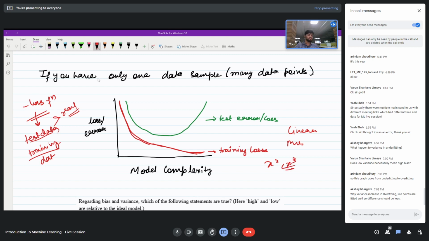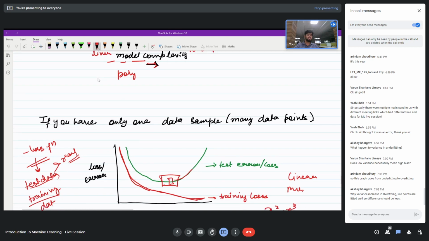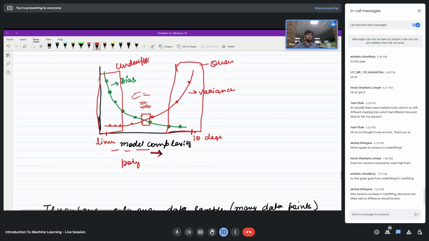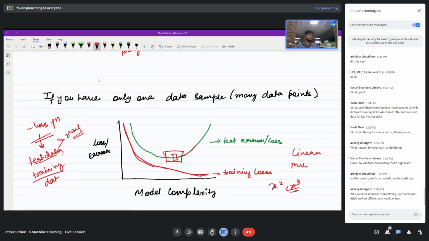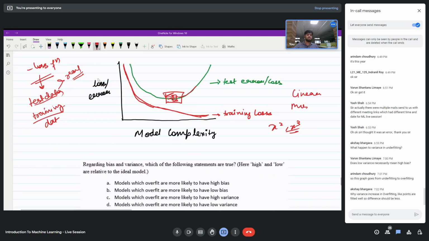But when you look at test error, after a certain point, it will start increasing again. So we want our model to be in this region. And if you look at these two graphs, they have a similar kind of curve, right? So this region over here matches almost with the region over here. This is what I wanted to point out.